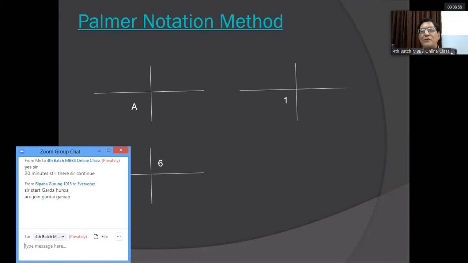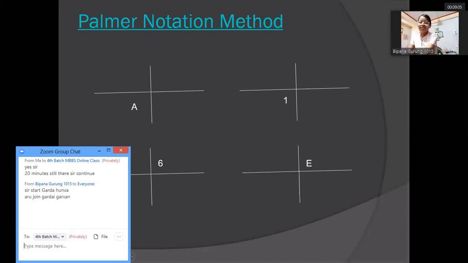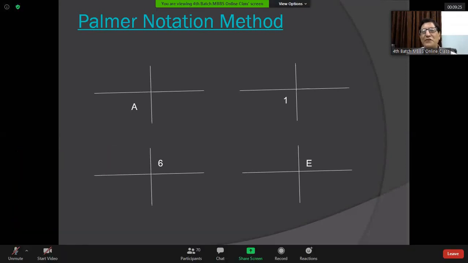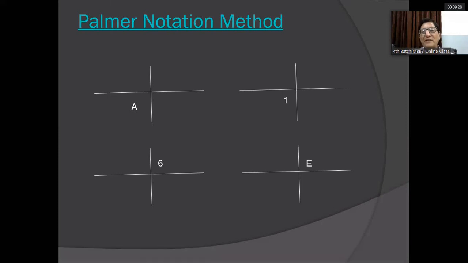Now back to Bipana. Left upper deciduous second molar. Yes. Whenever you see an alphabet, remember this is deciduous. Don't forget to say deciduous. Left upper deciduous second molar.